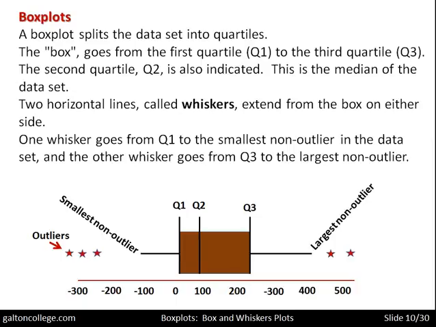We have the largest non-outlier, which is somewhere above 400. And then we have the first quartile, the second quartile, and the third quartile indicated. The box is defined by the first quartile and the third quartile, and the median is at Q2.